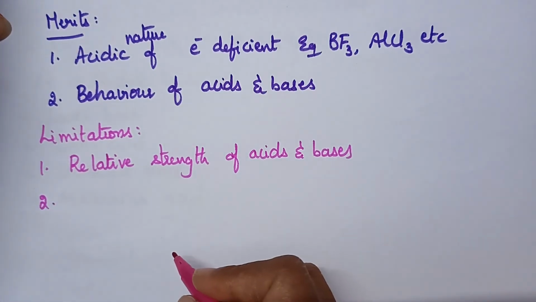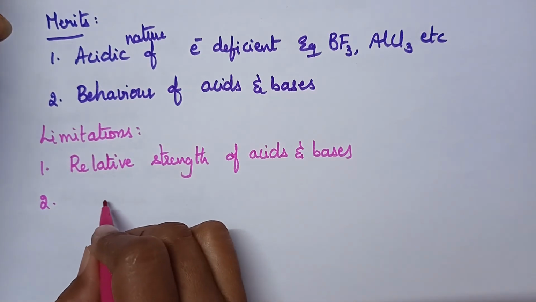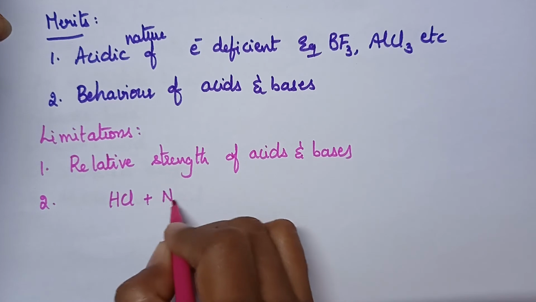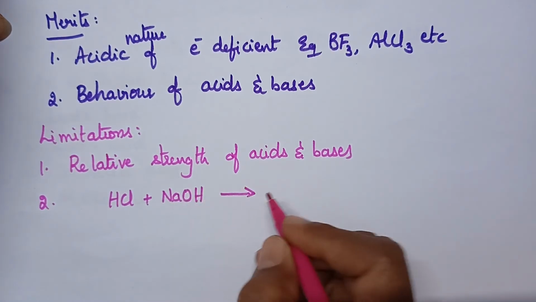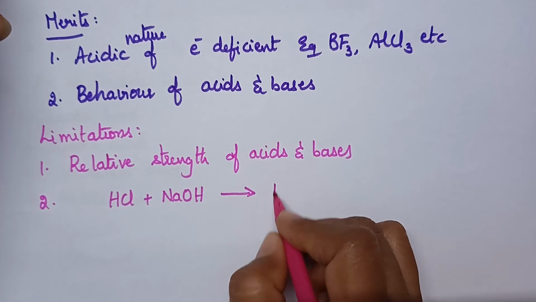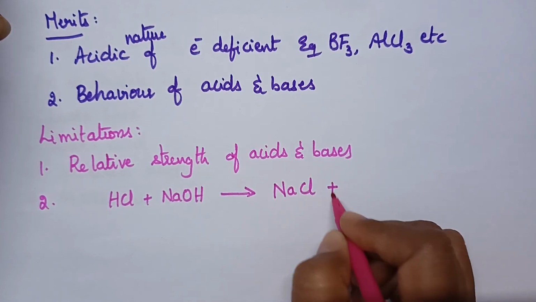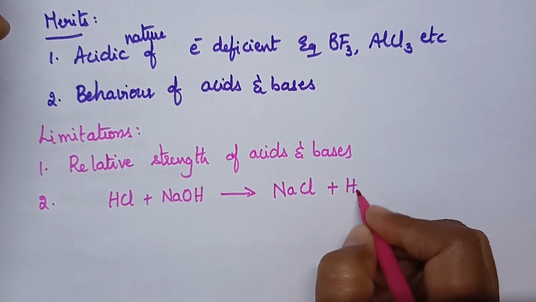In general, it could not explain the neutralization reaction of simple acids and bases. So let us consider the neutralization reaction of HCl and NaOH. It is the well-known neutralization reaction which does not involve the formation of a coordination covalent bond.